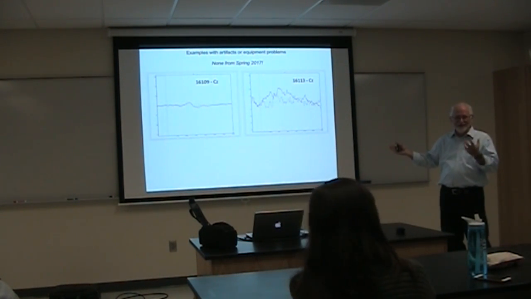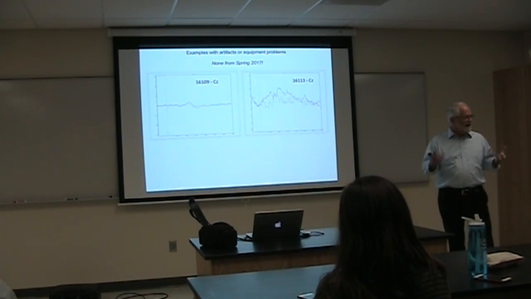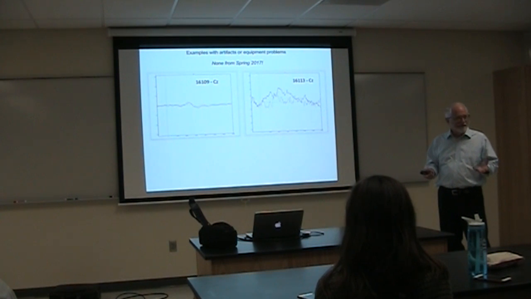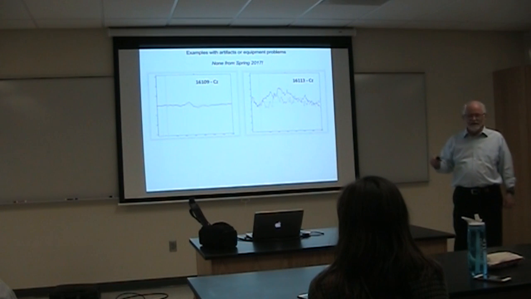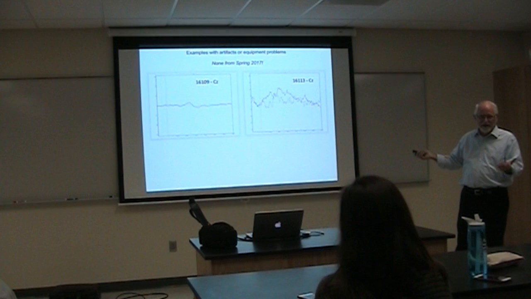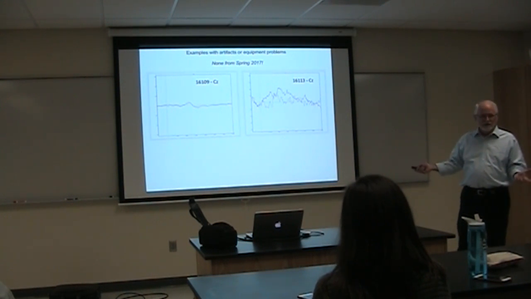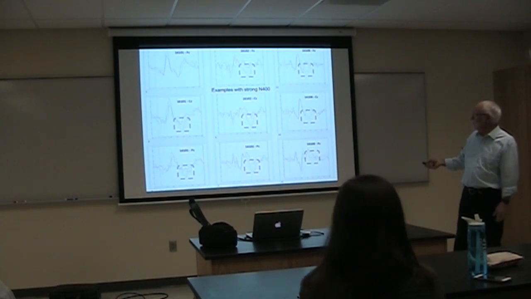You were chewing on something that was metal. You had your iPhone in your pocket and you didn't give it up when you were supposed to. Some kind of electrical activity was messing this up. Didn't happen this semester, but I just wanted to show you that sometimes we can't even use the person's data because the activity does not match anything that we know.